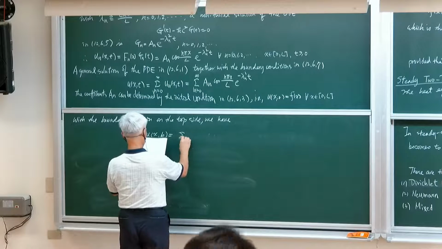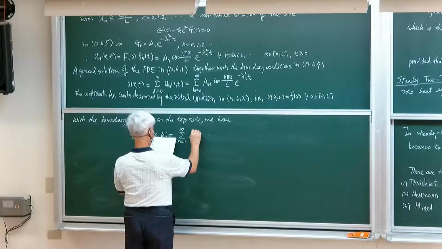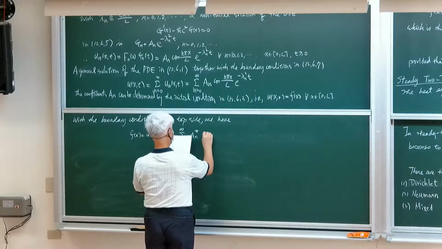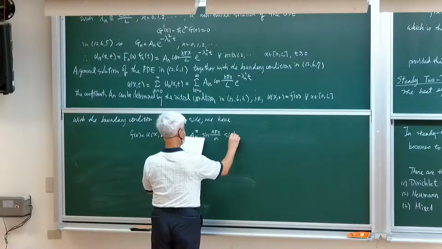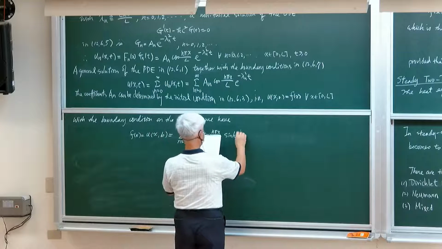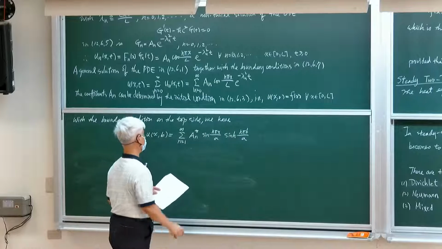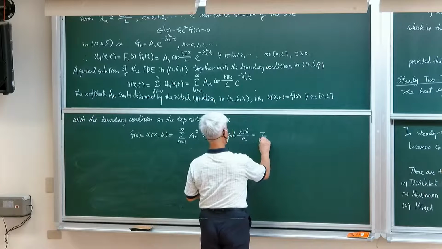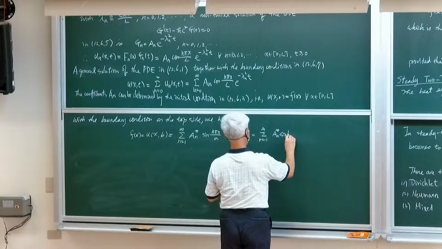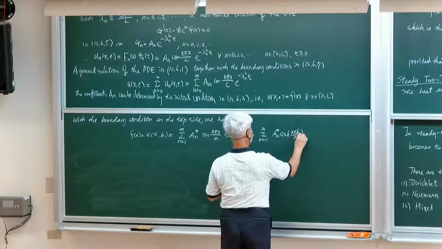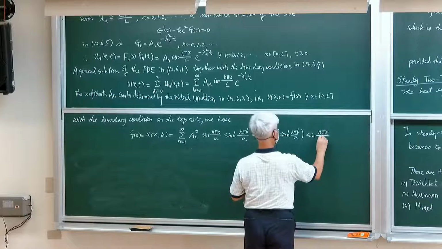So this would be the summation from 1 to infinity of an star sine of n pi x over a hyperbolic sine of n pi b over a. Okay, so this is equal to an star sinh of n pi b divided by a, times sine of n pi x over a.